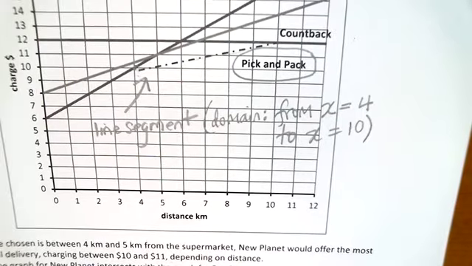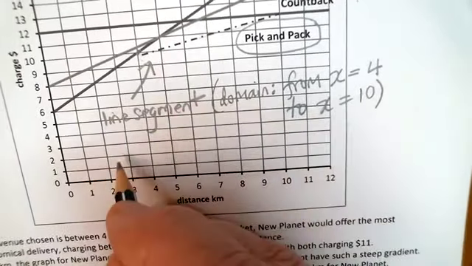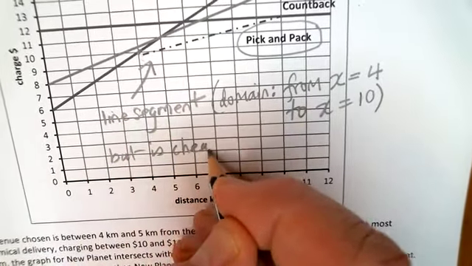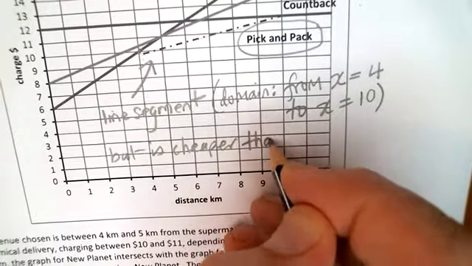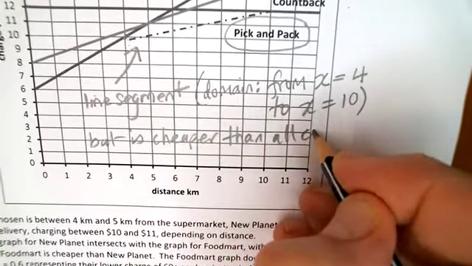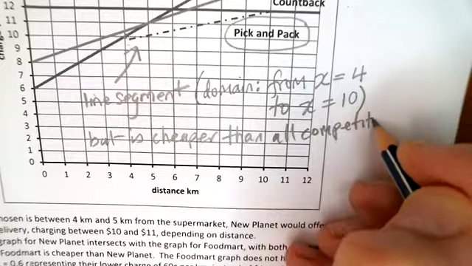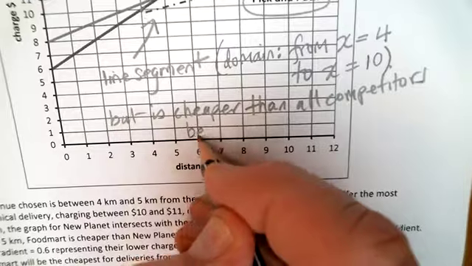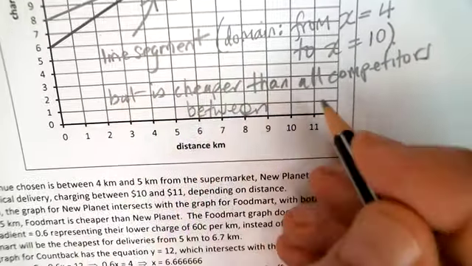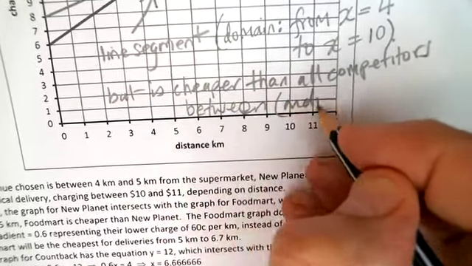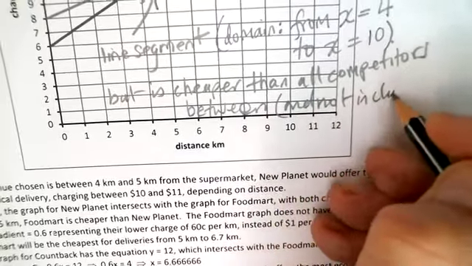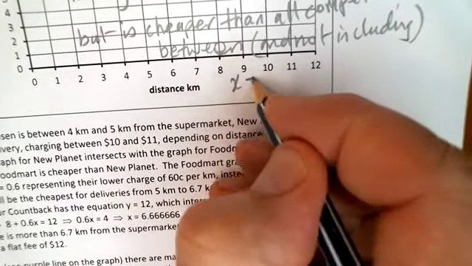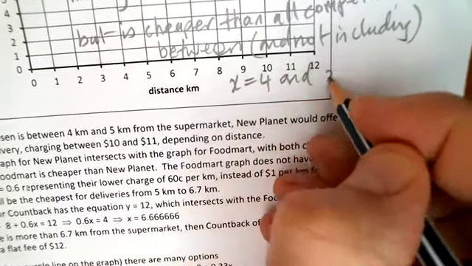But you probably want to say it is cheaper than all competitors between and not including x equals 4 and x equals 10.